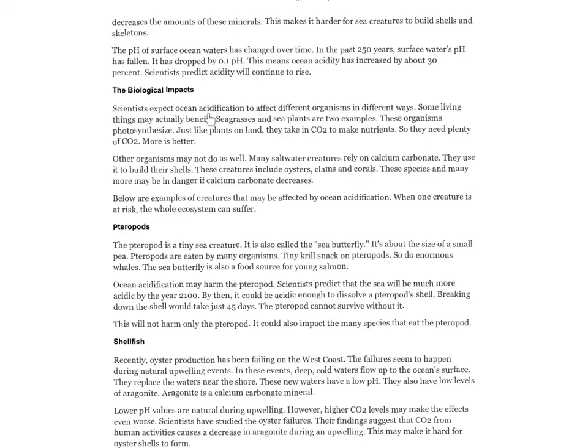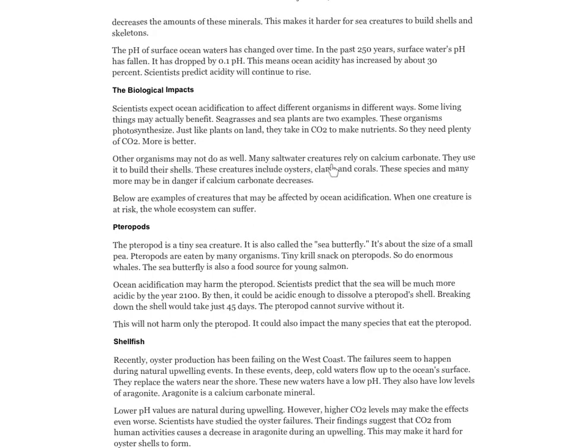Scientists expect ocean acidification to affect different organisms in different ways. Some living things may actually benefit. Sea grasses and sea plants are two examples. These organisms photosynthesize. Just like plants on land, they take in CO2 to make nutrients, so they need plenty of CO2. More is better. Other organisms may not do well.